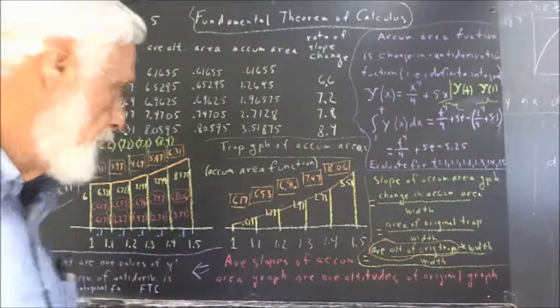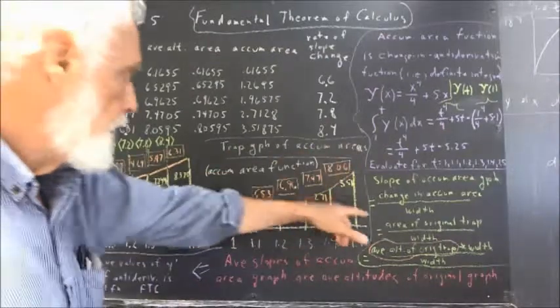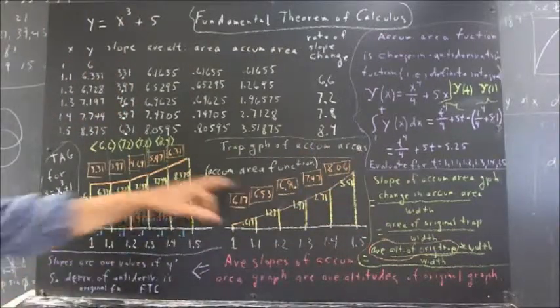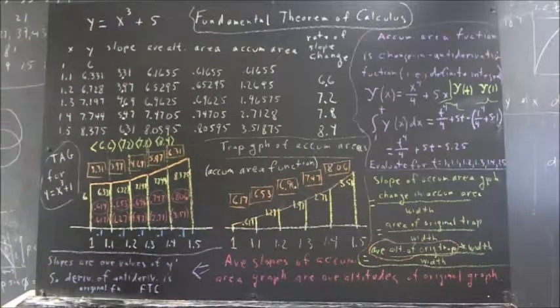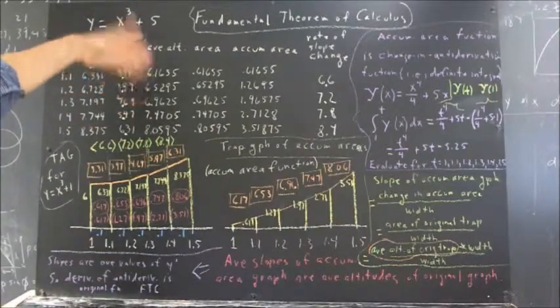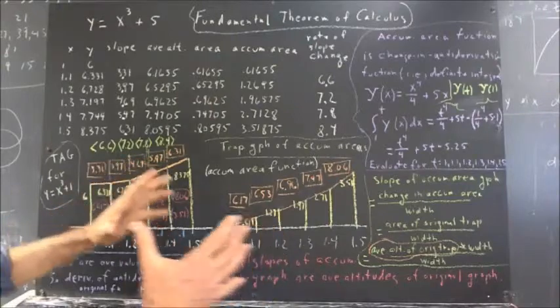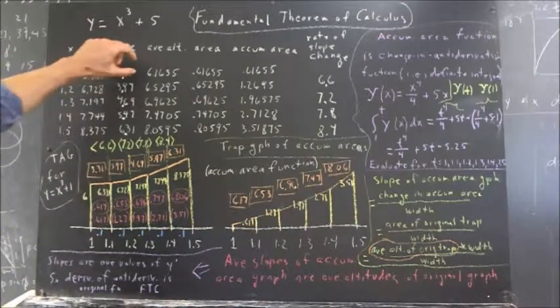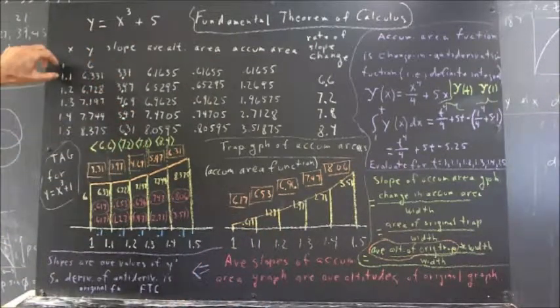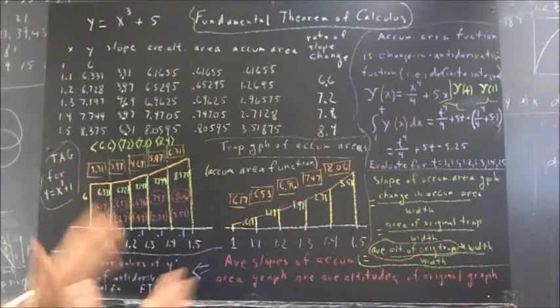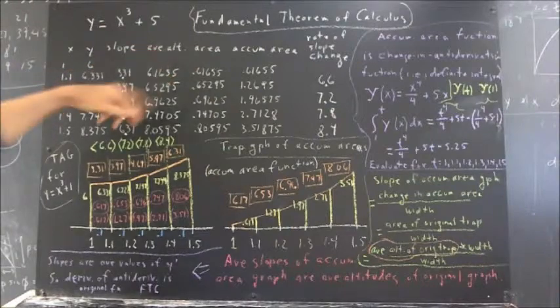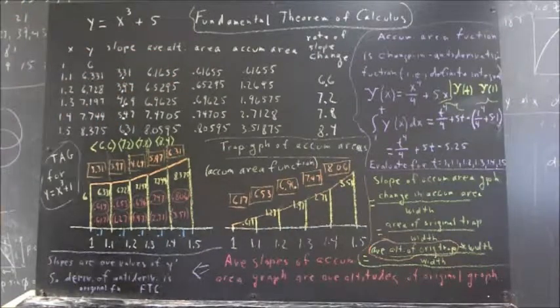We have again seen that the slopes of the accumulated area graph are equal to the values of our original function, at least the average values of our original function on each interval. As the intervals shrink down, the differences between the average altitudes and the actual altitudes also shrink down. So in the limit, our average altitudes become the values of our functions.